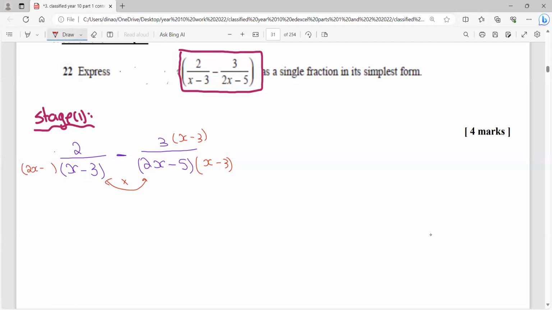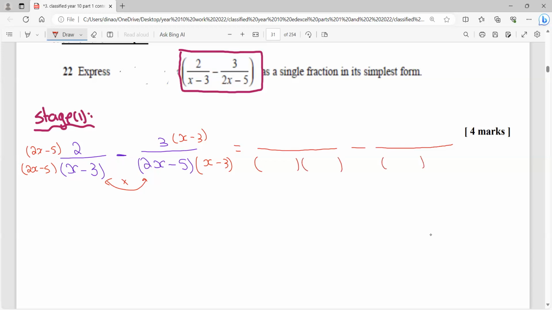So fraction number 1 will be multiplied by 2x minus 5 up and down. Fraction number 2 will be multiplied by x minus 3 up and down, ending up with two new fractions with two new denominators.